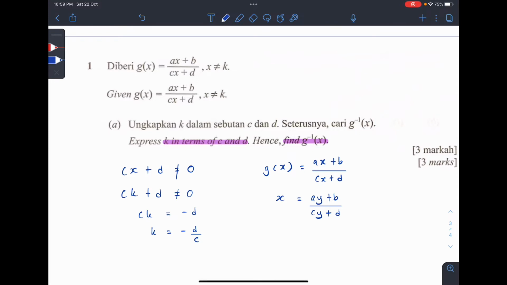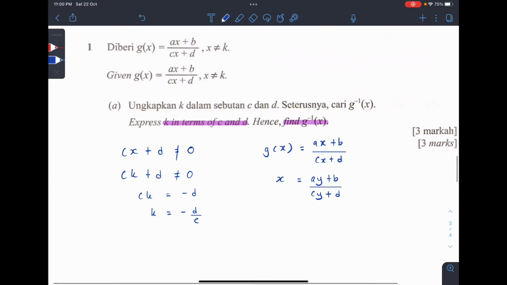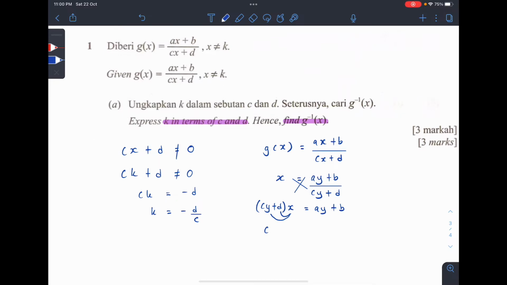I'm gonna cross multiply it right now, guys. So (cy plus d) times x equals ay plus b. Just multiply the x with both values over here. You're gonna get cxy plus dx equals ay plus b.